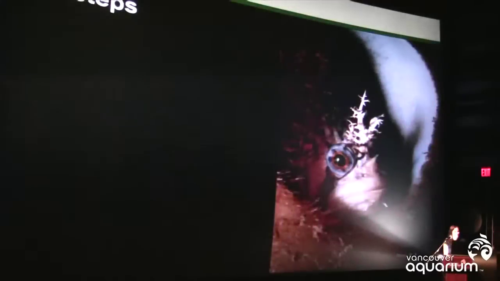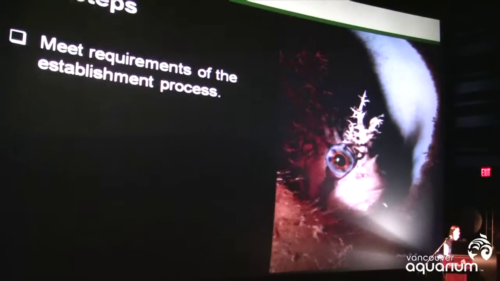We wanted to finish by giving you a little bit of a glimpse of the road ahead. So next steps, well, currently we are meeting the requirements of the establishment process, which includes identifying some fully protected areas, which is part of our deliverables for the interim management plan.